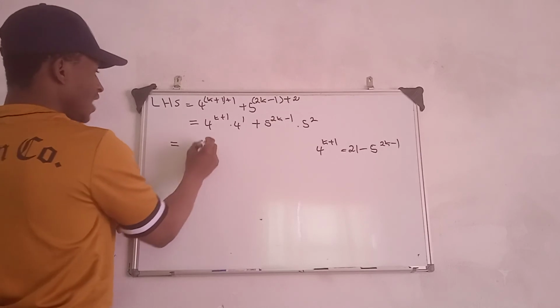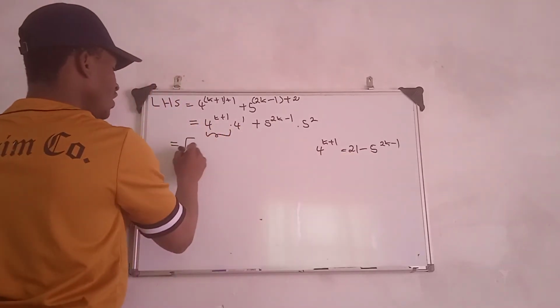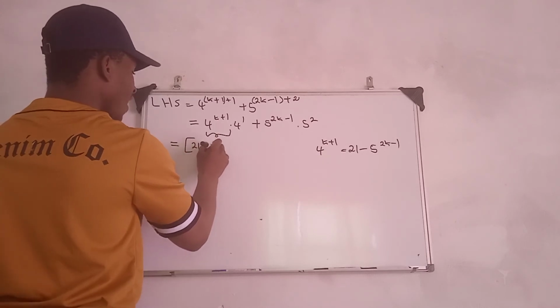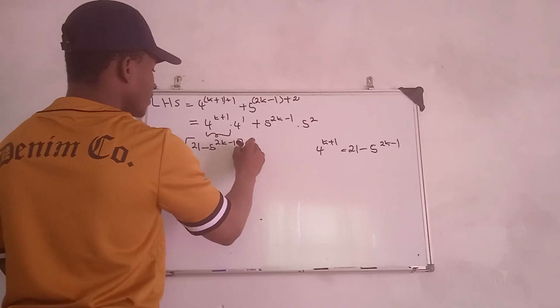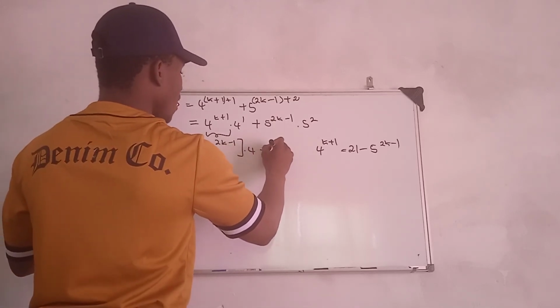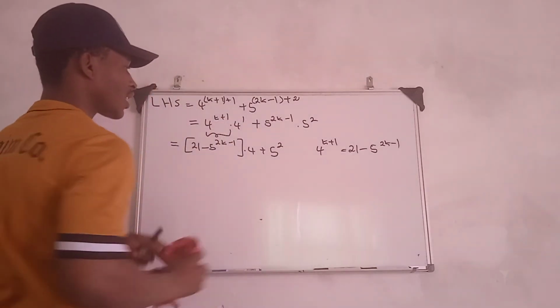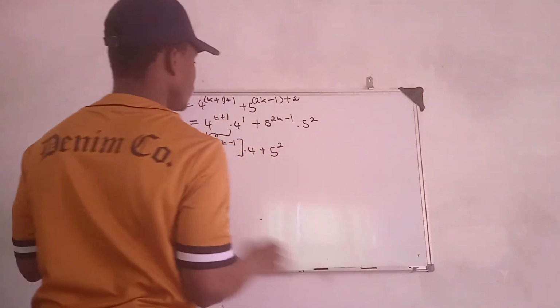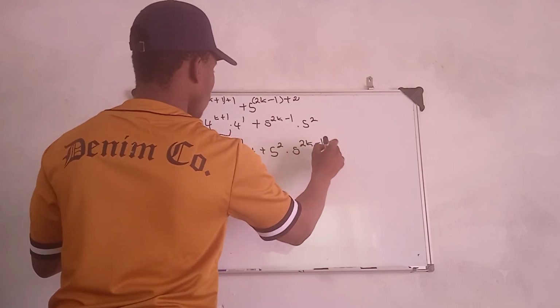So wherever I see this, I can actually put that. So it will be 21 minus 5^(2k-1), times 4, plus 5 squared times 5^(2k-1). Let me erase my hypothesis.